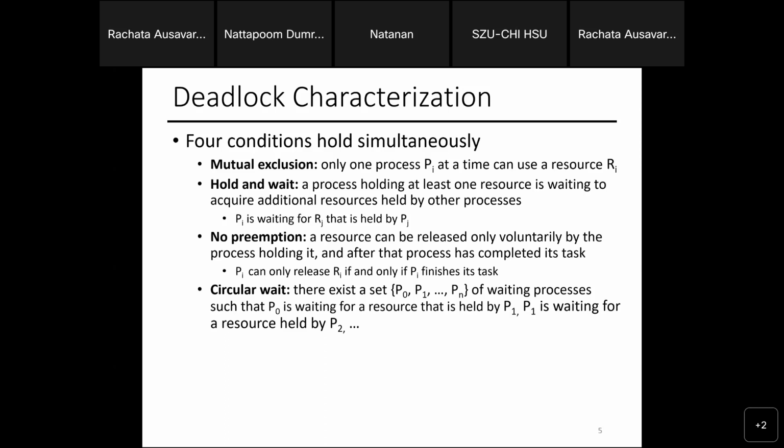It means that P1 is waiting for R2, then P2 has R2 but is waiting for R3, then P3 has R3 but is waiting for R1. So you have this condition where everyone wants the other person's resource in the circle, but that resource is occupied by another process.